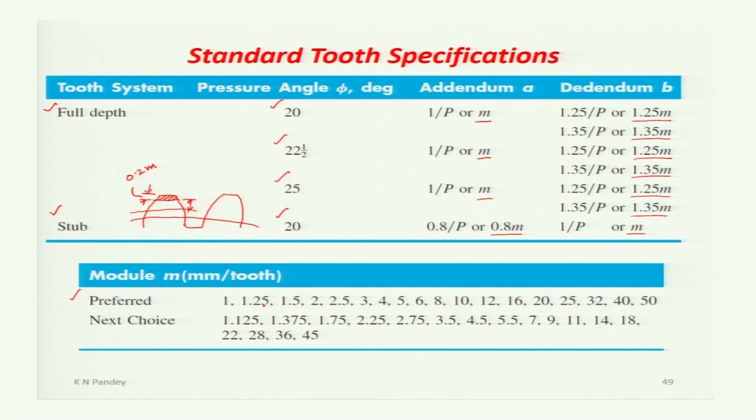If you want to make gear of module in between 1.25 and 1.5, then the choice will be 1.375, and so the next choice of modules are given in this row and this row. So gears will be manufactured with standard pressure angle, addendum, dedendum given in the first table and with the module given in the second table.